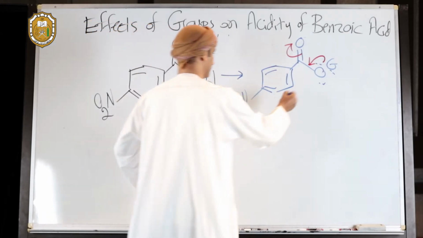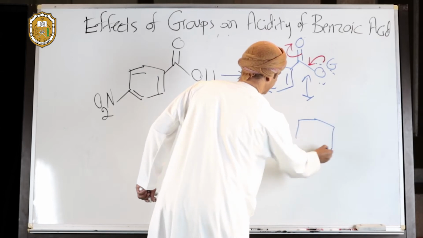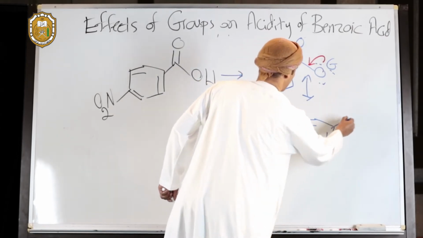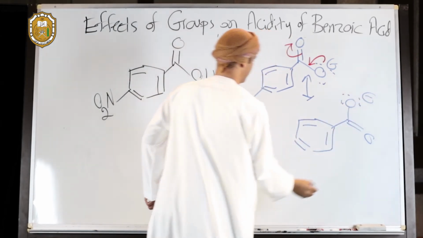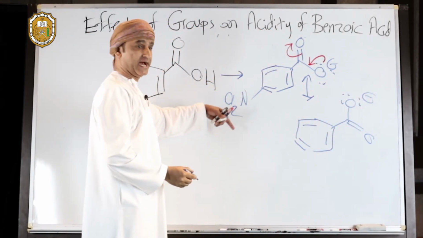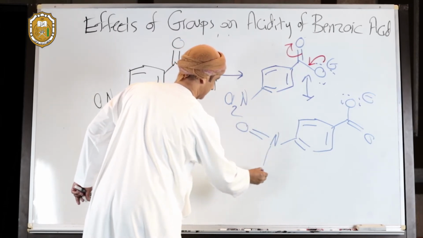If we do that, then we get another resonance form, which is this one. So we get that. We can now redraw the nitro group in order to illustrate its effect.